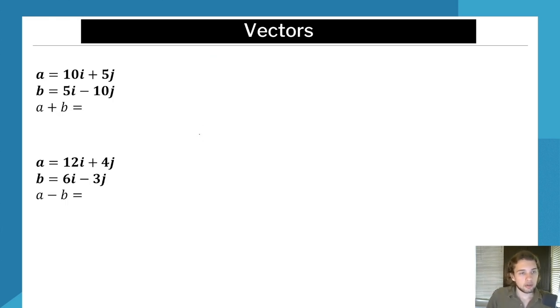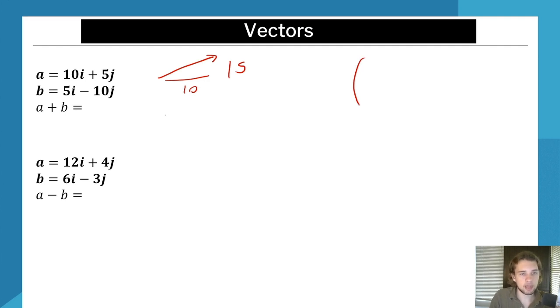So let's look at actually doing some addition using component form, which I would say is what most operations you're going to be working with use, or you could also put it in column form, matrix form. These are the easiest forms to operate in. So A is equal to 10i plus 5j. We could represent this as a line here, where we have 10 across and 5 up. And then we have B is 5i minus 10j.